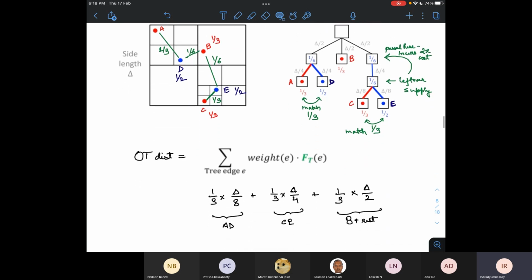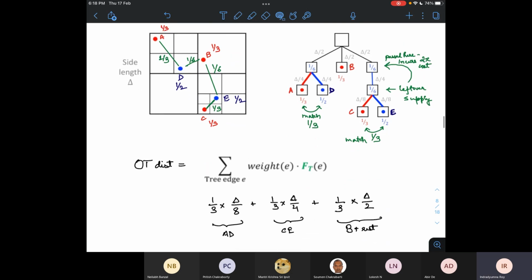And the optimal matching cost is computed by going over every node of the tree, or every edge of the tree, every element of the tree, and you multiply the weight of the mass which is being matched at every component with the edge weights.